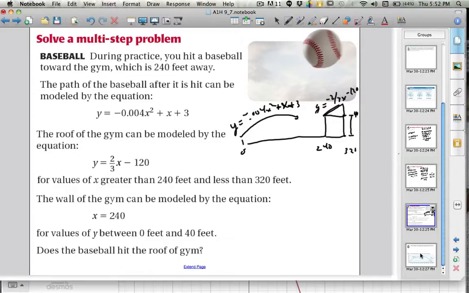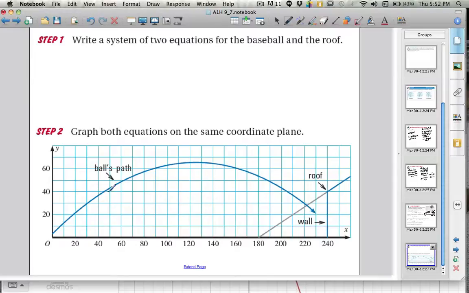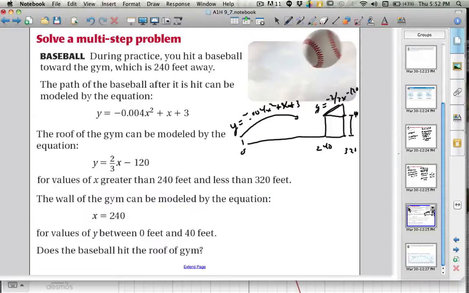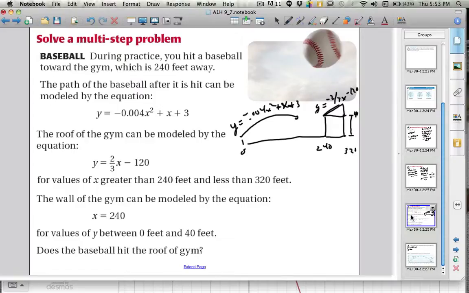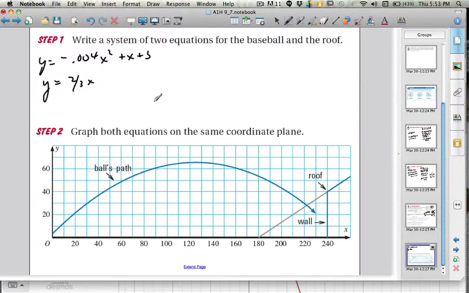Well, what we can do is we can go ahead and look at this scenario and see what's going to happen. So if I write a system of two equations for the baseball and the roof, then I'm just going to pull those two equations. So y is equal to negative 0.004x squared plus x plus 3. And the other one was y is equal to negative 2/3 x minus 120.